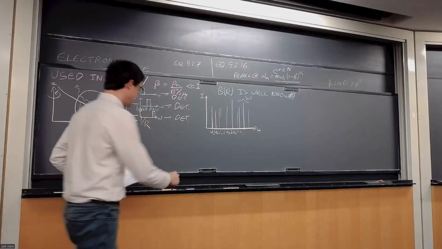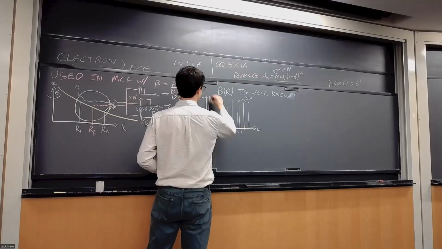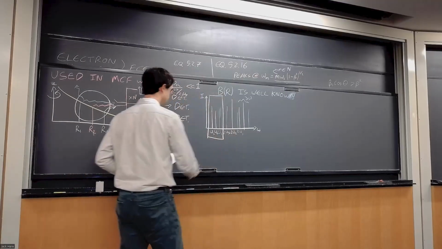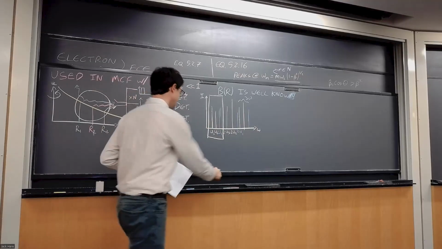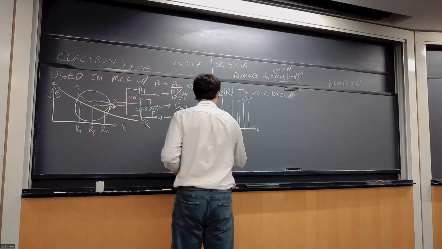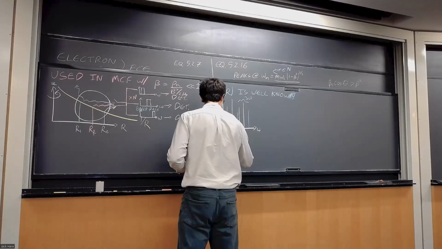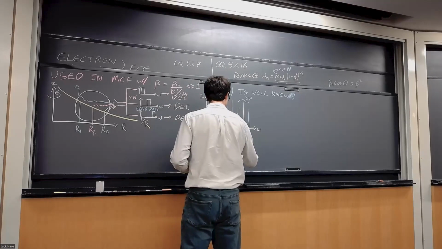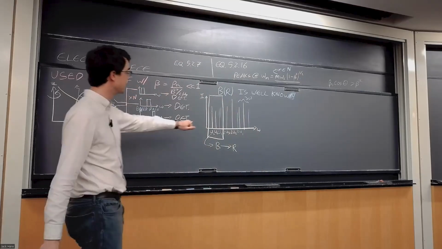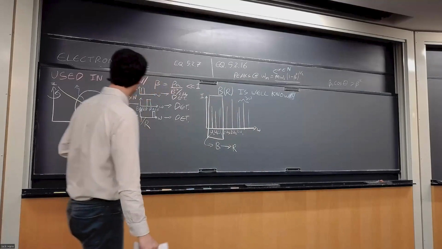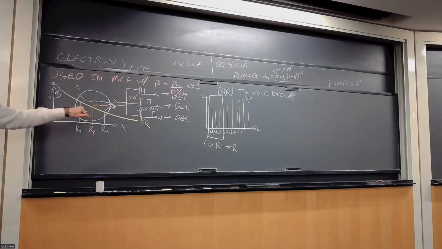But if you focus just down in this region, for example, every frequency corresponds to a specific magnetic field, which corresponds to a specific radial location. So if you're seeing emission at this frequency, you know that that emission is coming from this bit of the plasma.